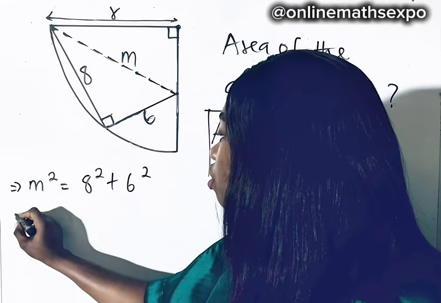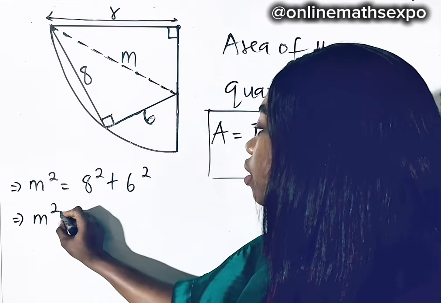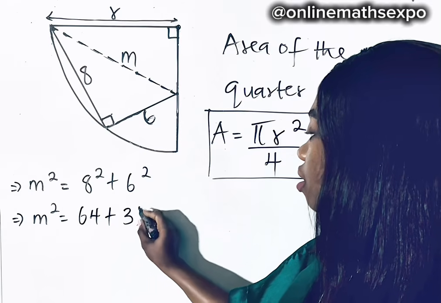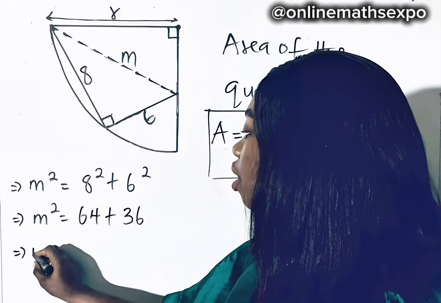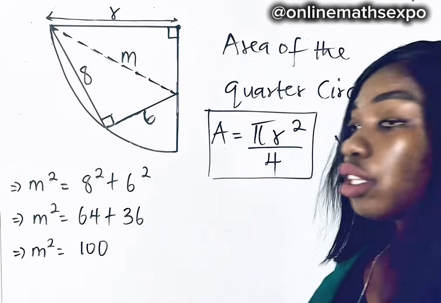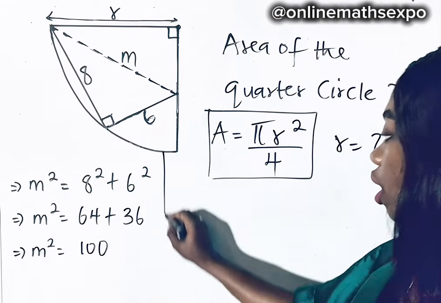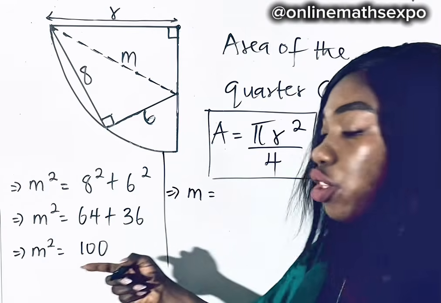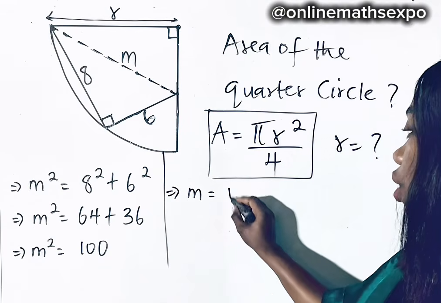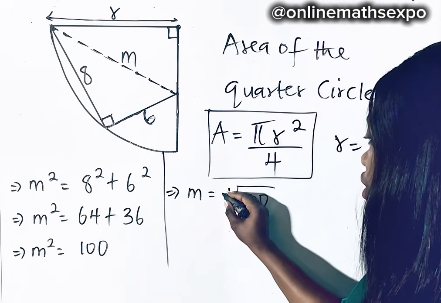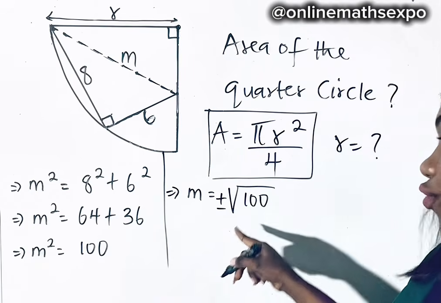If you solve that, m squared is equal to 64 plus 36, which gives you 100. To remove the square, we take the square root of 100, remembering the positive and negative roots.